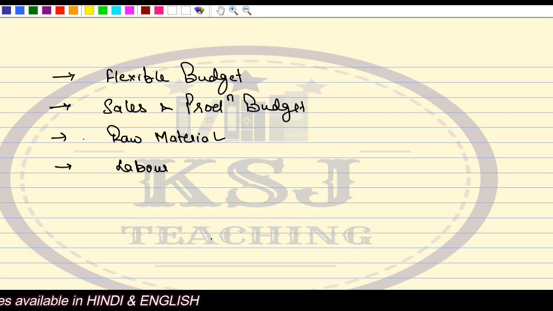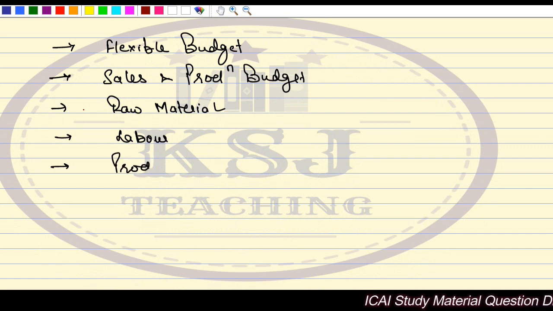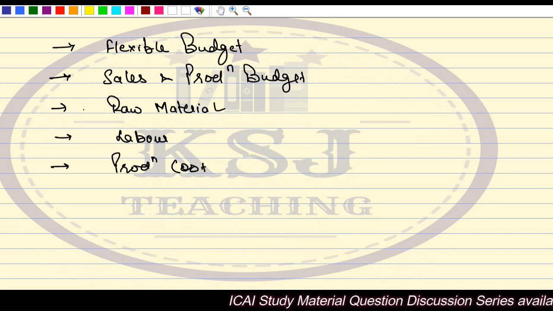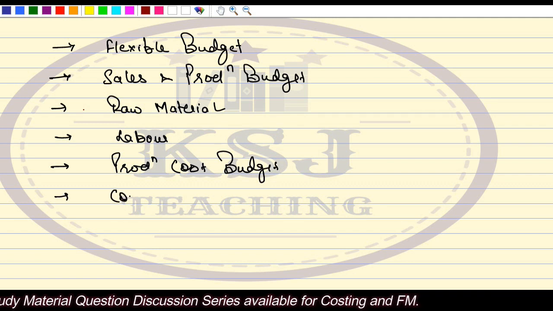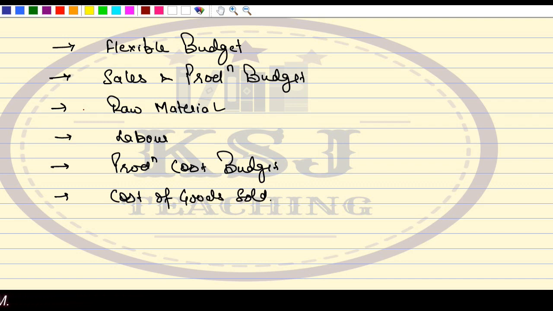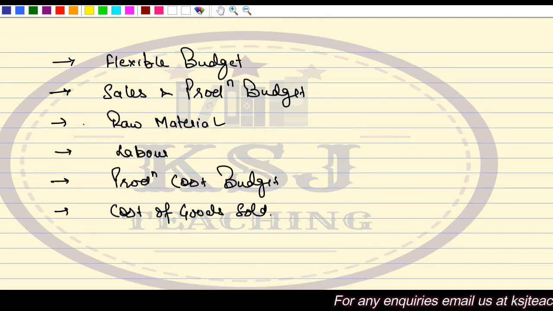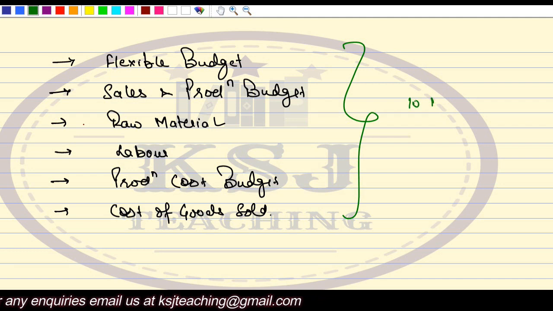Then production cost budget. Then you have cost of goods sold budget. So these are the budgets that you need to focus on more. These are important for 10 marks questions.